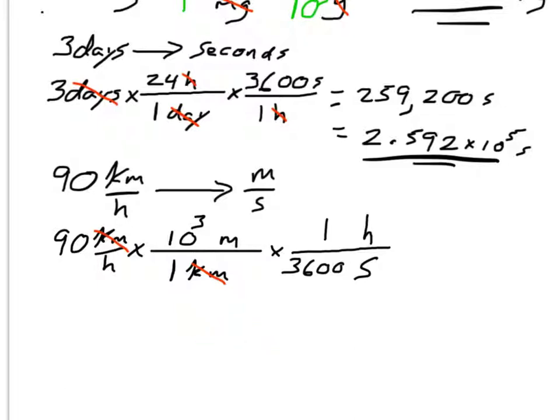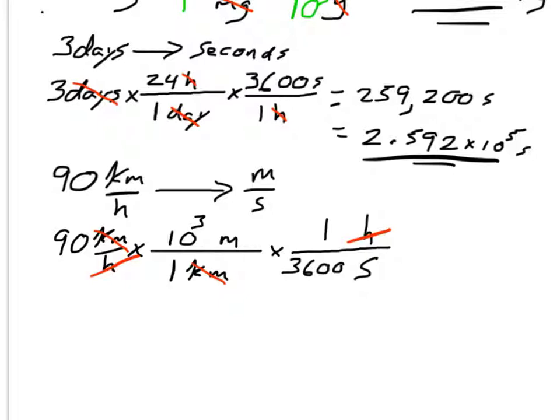So now, I've got hours way over here in the denominator and hours way over here in the numerator. But they still cancel. That cancels with that. So my only uncanceled units are meters in the numerator, seconds in the denominator. And that works out rather nicely.